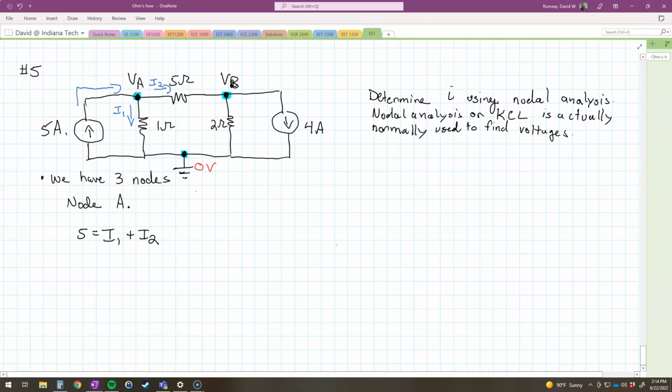We will work on this equation some more in a second, but before we do that, let's go over to node B, because that will be another one that's easy for us.